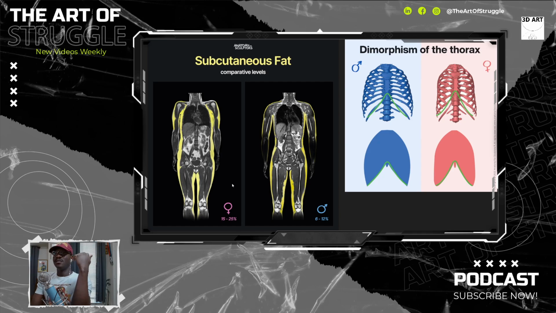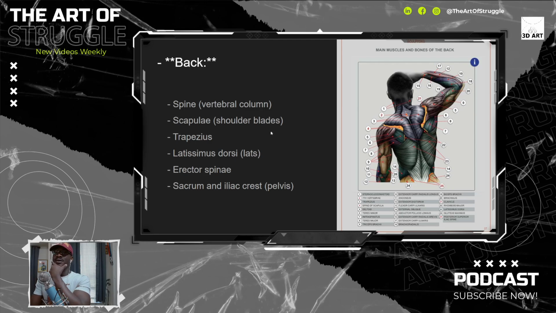The reason is because females need it for their menstrual cycles and for childbirth and different things like that, whereas we can live with a lower percentage of body fat in general. So that's another thing you guys have to take into account when sculpting and drawing the male and female anatomy.